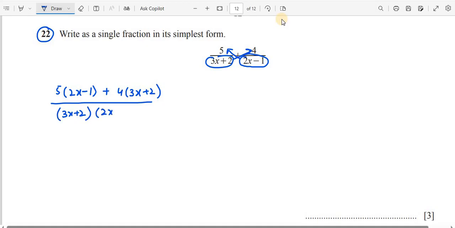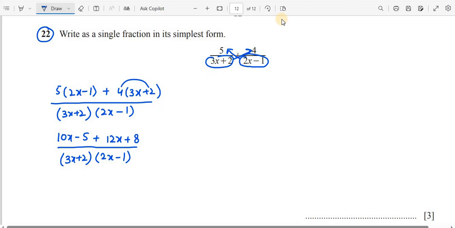multiply 2x minus 1. So 5 multiply with 2x, that is equal to 10x minus 5, plus 4 multiply by 3x, that is equal to 12x, plus 8, 4 multiply by 2 equal to 8, over 3x plus 2 into 2x minus 1.